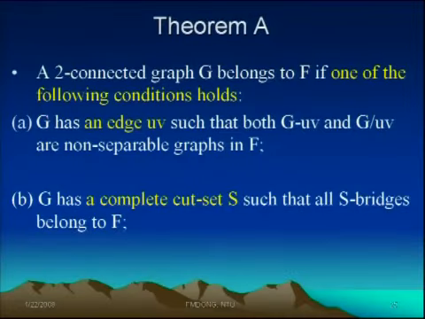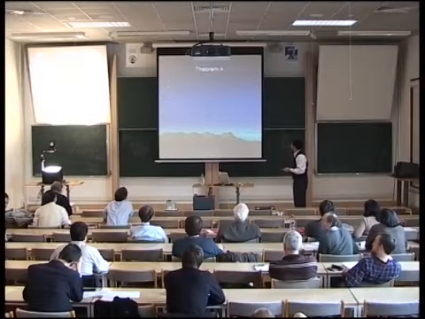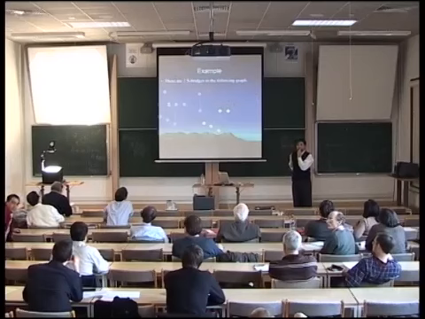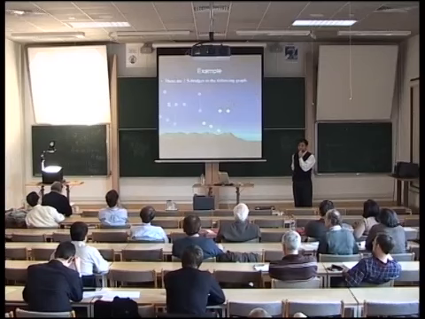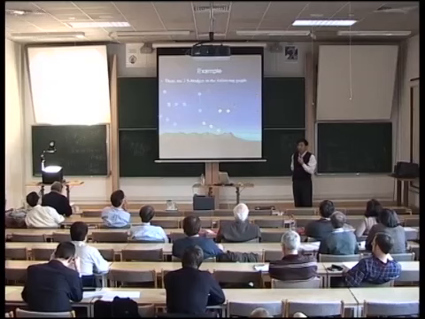Excuse me? I don't think I understood the definition of an S-bridge. When you take an S-bridge, you take all the vertices of a component of the complement, and all the connecting edges.